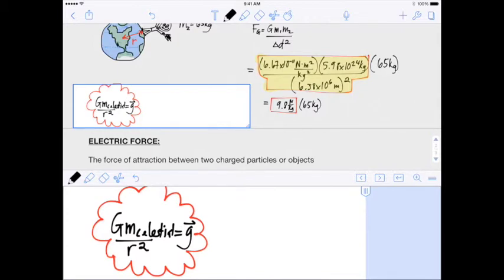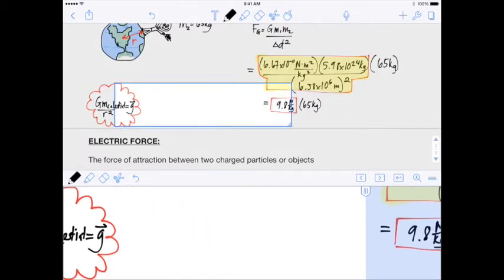So Newton's law of universal gravitation can be used to calculate the force of gravity that a celestial body exerts on an object. But whenever we do the values for the force of gravity the celestial body exerts on an object, we use the simplified version, which is force of gravity is equal to mg.